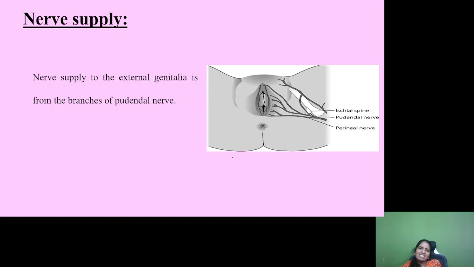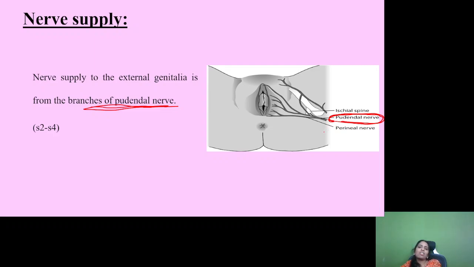Last, just to remember, pudenda, external. The nerve supply is also by the pudendal nerve, with S2 to S4. Just to remember it. We will come to it in detail in the coming topics on vulval structures, any infections, what their importance is, what the cancers are, everything will come in detail.